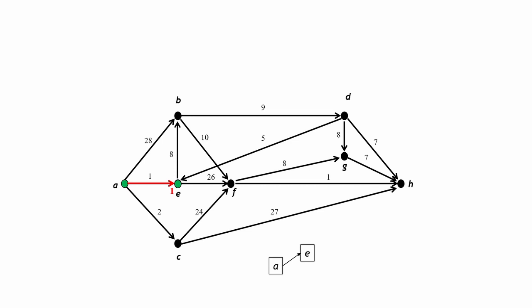In the next step, we check all neighbors of nodes A and E, which are B, F, and C. We add the weight of each of these connections to the costs we had to reach the corresponding start node, which is 0 for A, the original start node, but 1 for E. Compare all costs that we come up with, 28, 9, 27, and 2, and take the lowest.